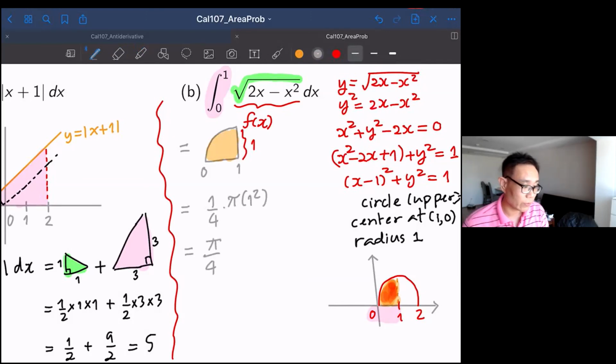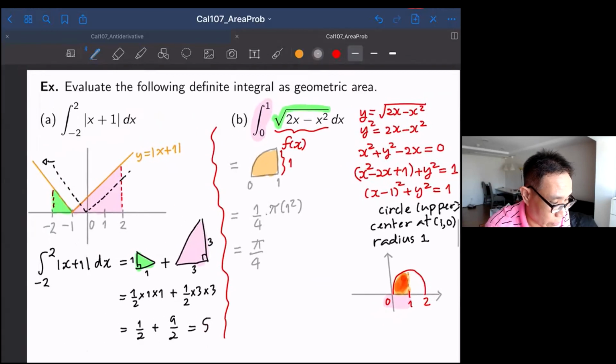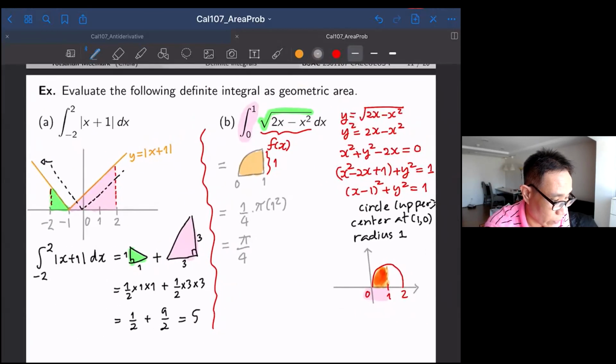Okay, so this will be the integral from 0 to 1 of the square root of 2x minus x squared in terms of geometric area. It turns out to be a piece of a circle, and this is how we have this picture.